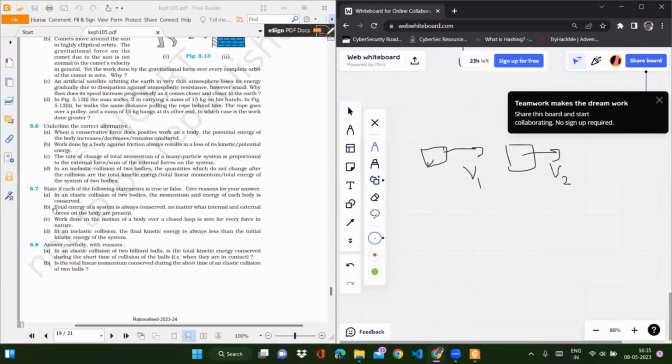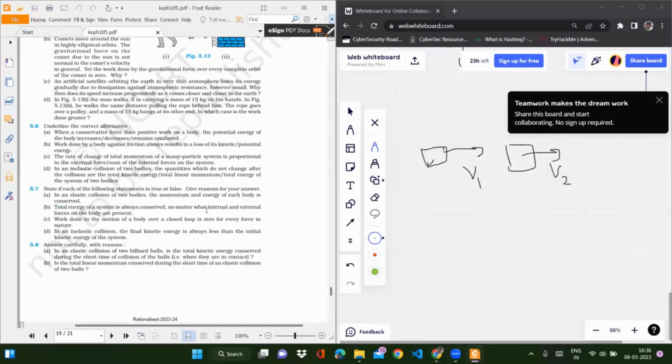Now, the second statement says: total energy of a system is always conserved no matter what internal and external forces on the body are present.